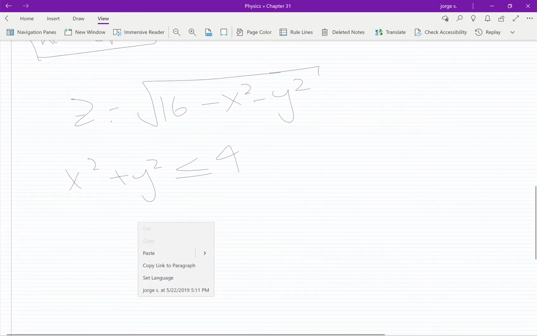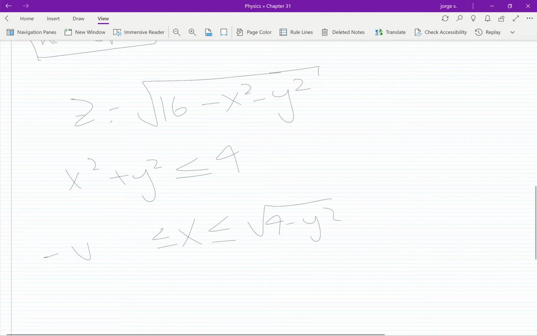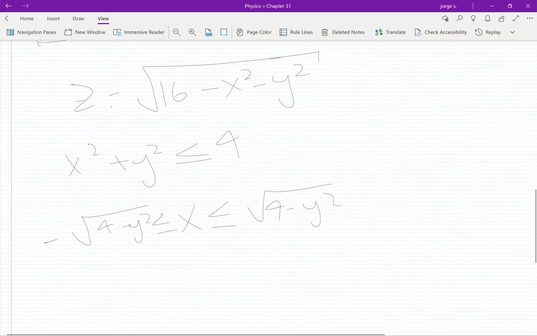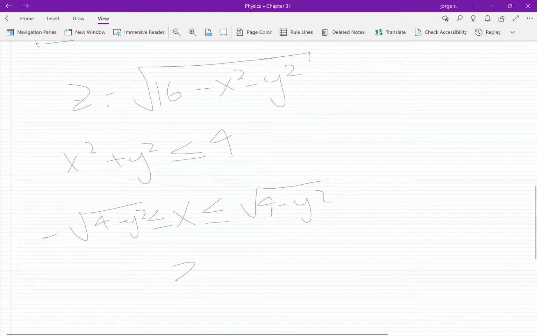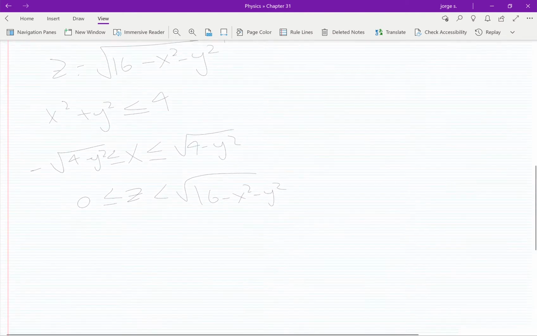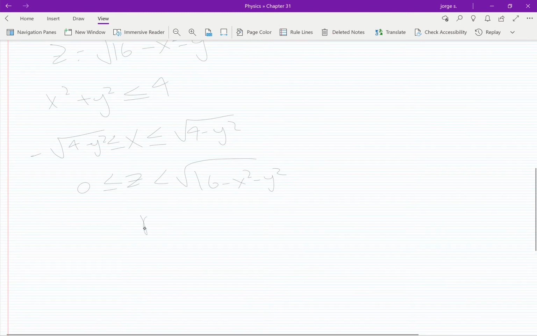So x has to be between square root of 4 minus y squared and negative square root of 4 minus y squared. And then z is from the original function and 0. Okay. Our r is just from 0 to 2.